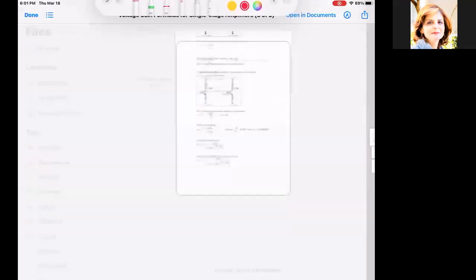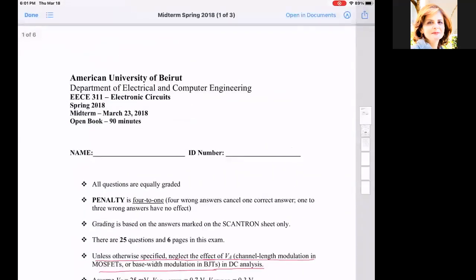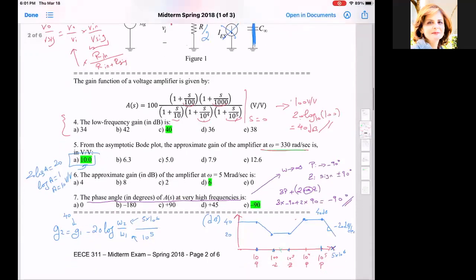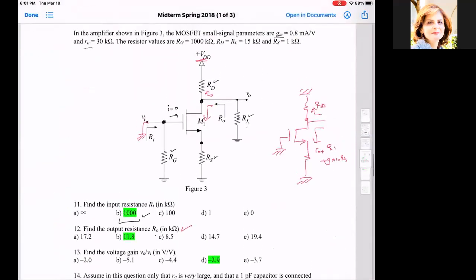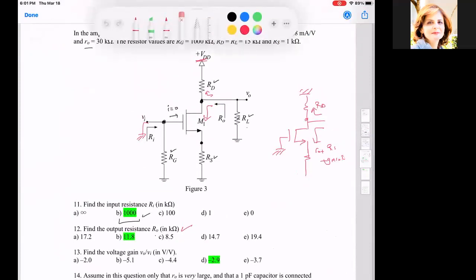If I want to come back to this image and check it, I need to see what would be the effective RD. Let me erase here. So let us see what is the effective RD for this circuit. I have my input, and I want the gain from the input node to the output node. RD represents the effective resistance seen at D outside the transistor, so this will be RD parallel to RL.